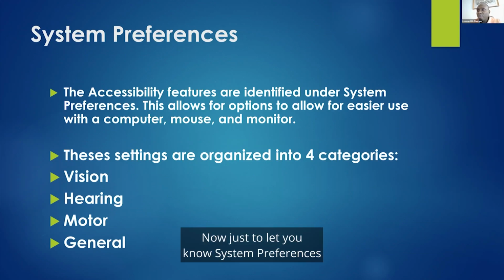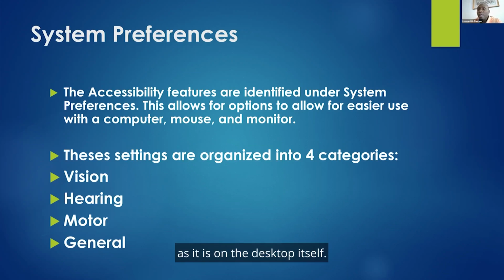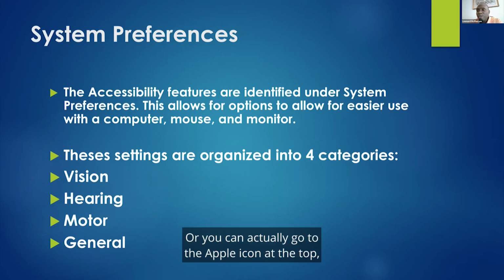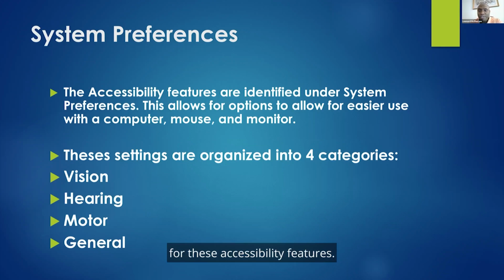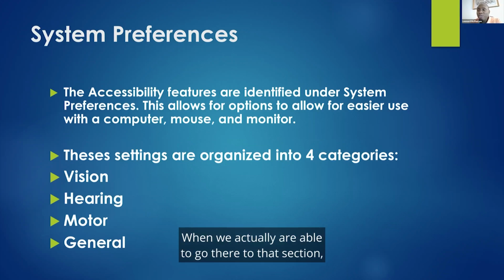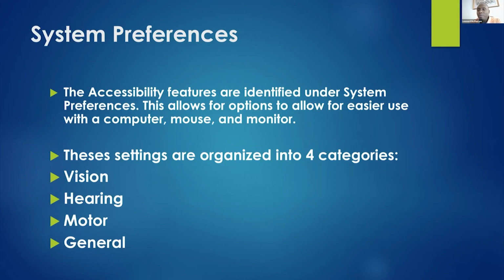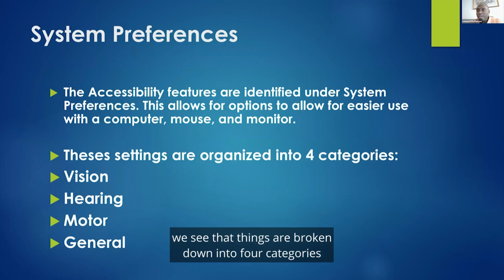Now, just to let you know, System Preferences can potentially be found by a logo, which can be a shortcut on the desktop itself, or you can go to the Apple icon at the top and click on it and look for the words System Preferences in order to get to the section which allows for these accessibility features. When we go to that section, we see that things are broken down into four categories, which include vision, hearing, motor, and general.